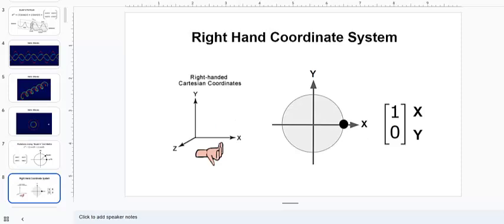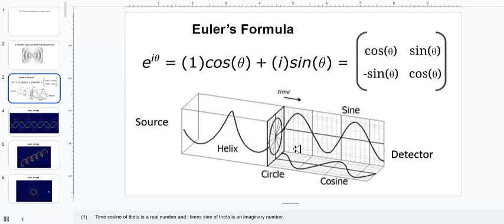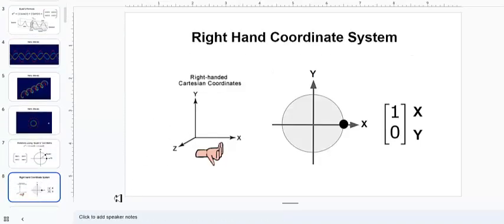So in a right-handed 3D Cartesian coordinate system, you take your right hand and put it in this orientation, and if you stretch out your fingers, they point in the direction of positive X. Then if you curl your fingers up, they point in the direction of positive Y. And when your hand is in this orientation, your thumb points towards positive Z. So the rotations are going to happen in the XY plane, and the propagation is going to happen in the Z direction.